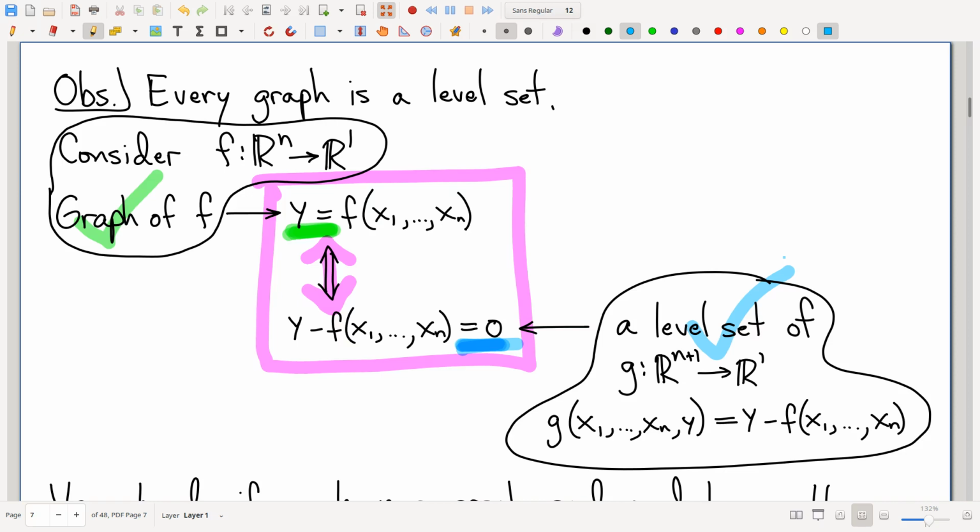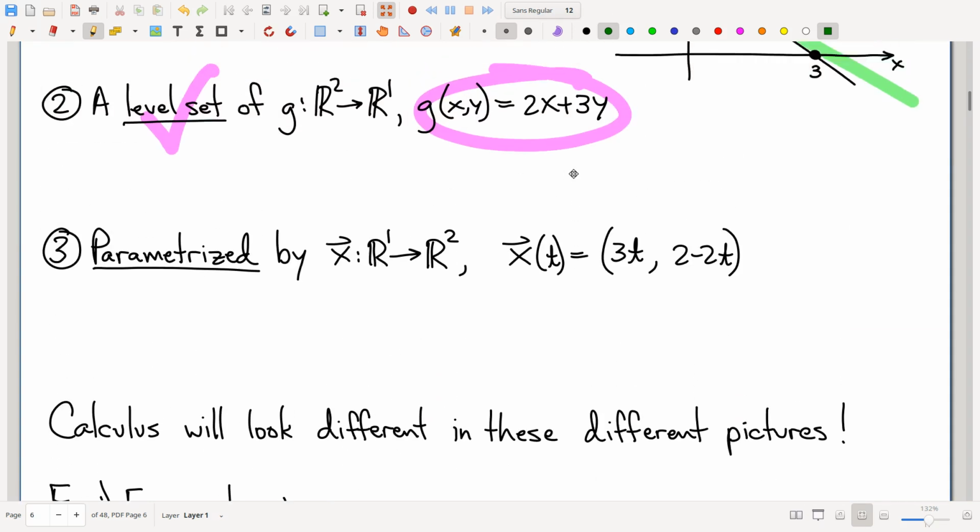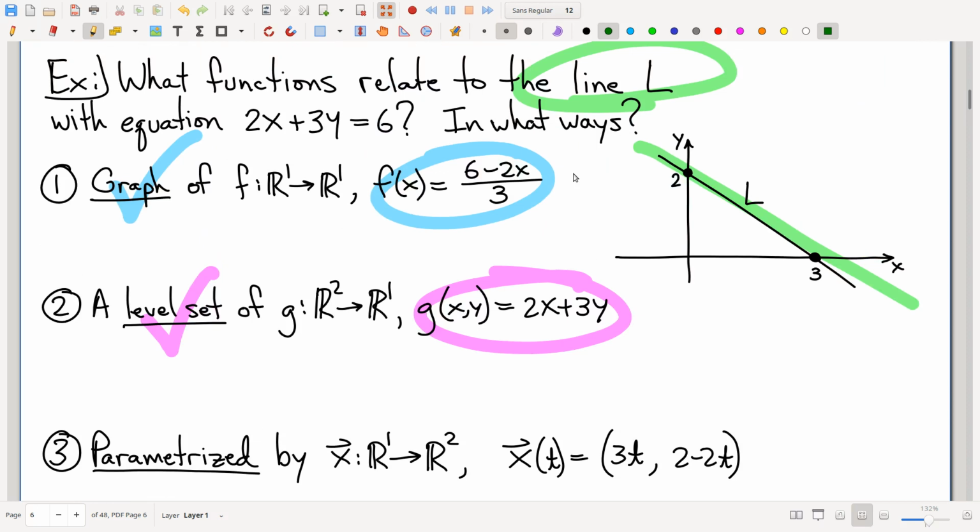Now, very importantly, a related note: the function whose graph we're looking at and the function one of whose level sets we're looking at are very different functions, right? It's like in this example we were just looking at. These two functions are really different. And so it's critical to be unambiguously explicit as to exactly what function we're talking about.